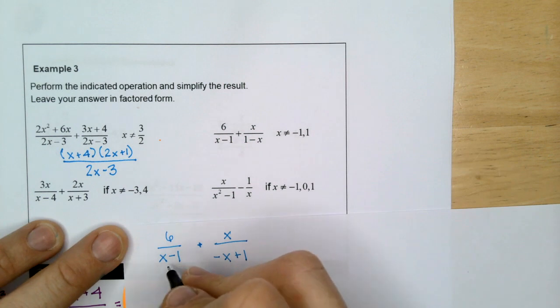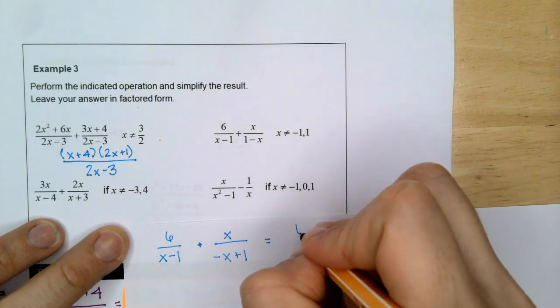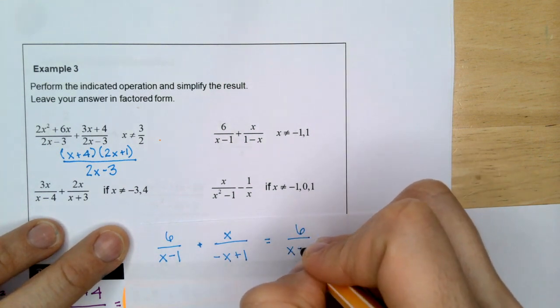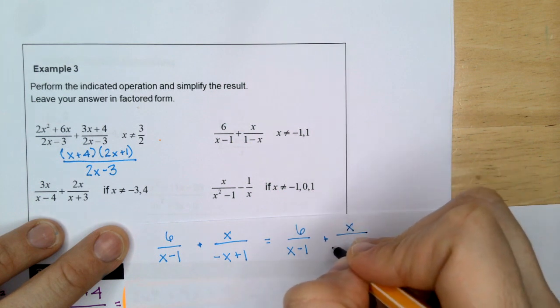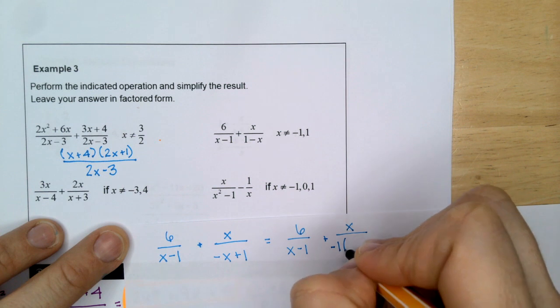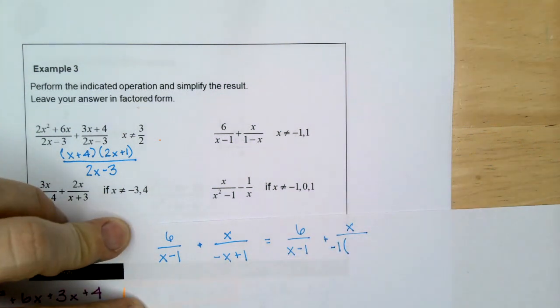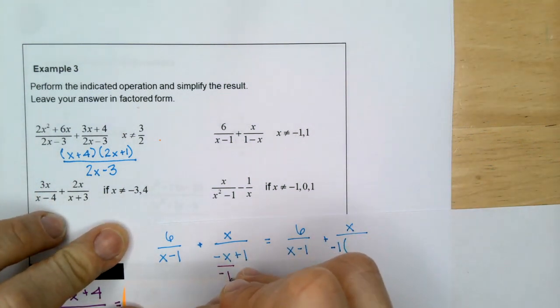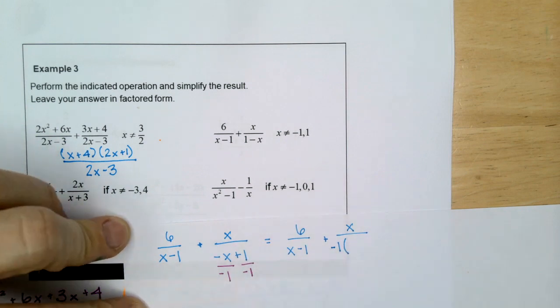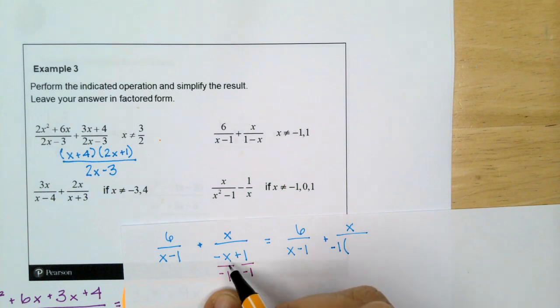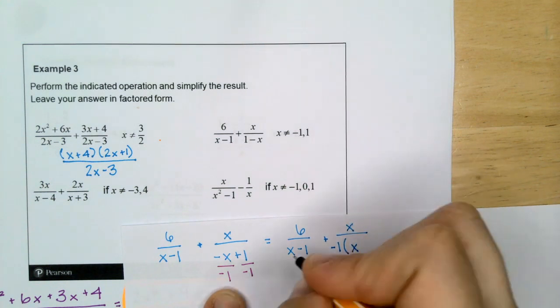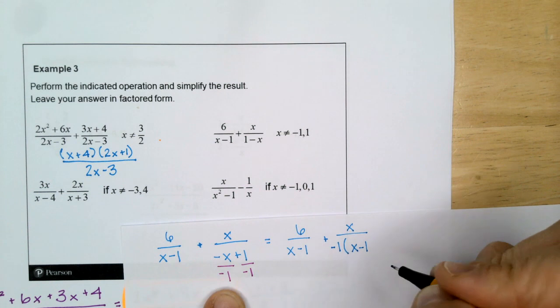Okay? These are close, so now I'm going to say that this is 6 over x minus 1 plus x divided by, remember, negative 1: negative x divided by negative 1, and positive 1 divided by negative 1, all right? Because here's that negative 1. Negative x divided by negative 1 is x. 1 divided by negative 1 is negative 1.